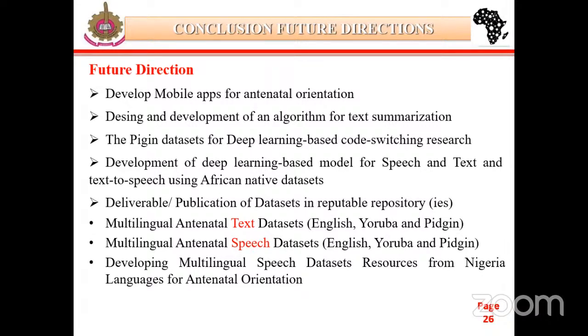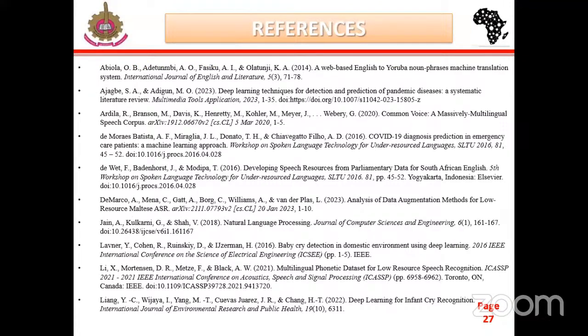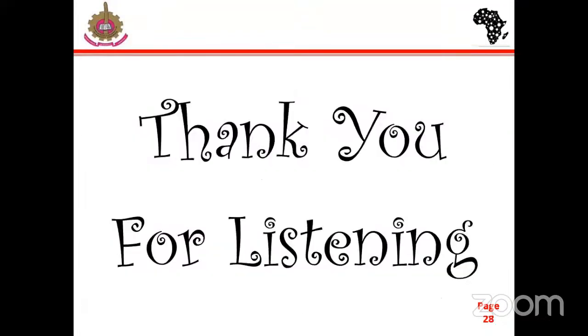Recently, we submitted a paper titled Developing Multilingual Speech Data Resources for Nigerian languages for antenatal orientation, which is currently under review in the South African Journal of Science. So these are part of my references. Thank you for listening.